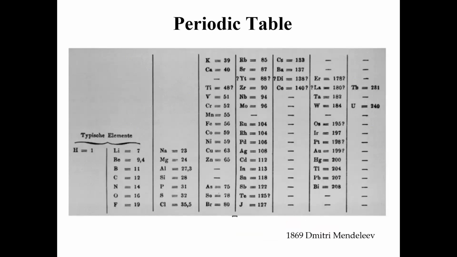So this is Dmitry Mendeleev's first periodic table. It's different than what we have today. We have here the second period, right? Instead of left to right, these are up and down: lithium, beryllium, group 1, 2, 3, 4, 5, 6, 7. And what we're not having here is of course a noble gas.